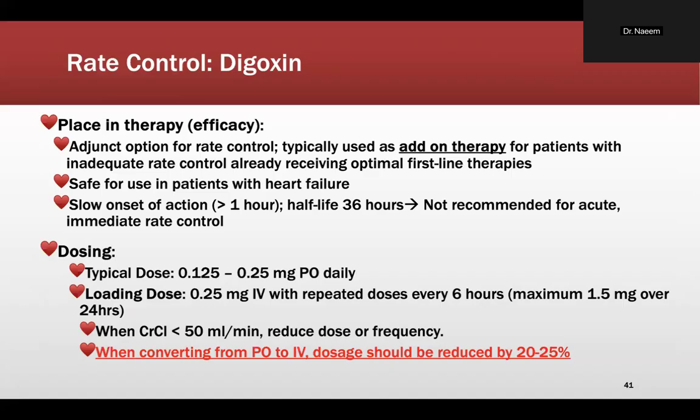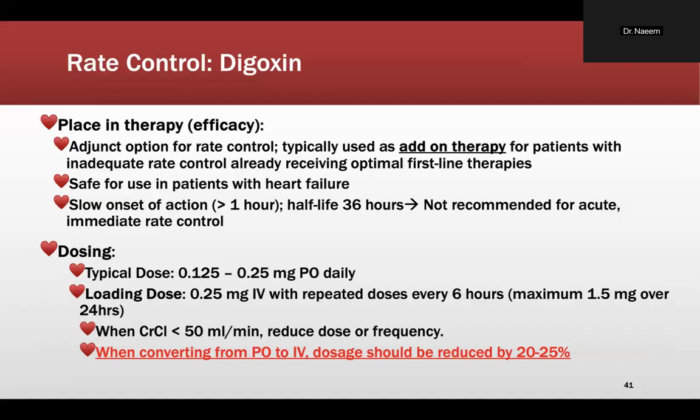So for example, if a patient is on a beta blocker in heart failure and still has an increased heart rate, then we would add on probably digoxin instead of our non-dihydropyridine calcium channel blocker, because those are contraindicated or to be avoided in heart failure with reduced ejection fraction. We wouldn't want to use those, so we would probably opt for digoxin on top of our beta blocker.